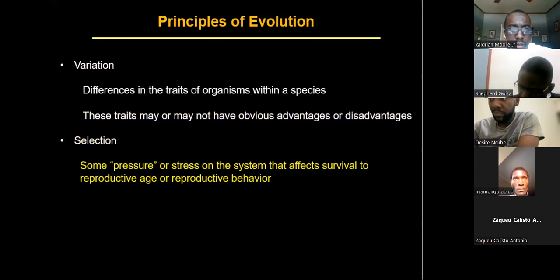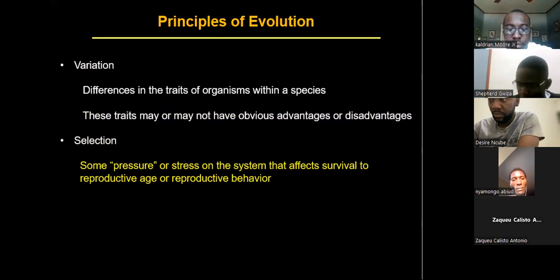Those are the only two things that really matter when it comes to evolution. Okay. Some pressure is going to come in, and it's going to have an effect on either the survival to the reproductive age or to reproductive behavior.